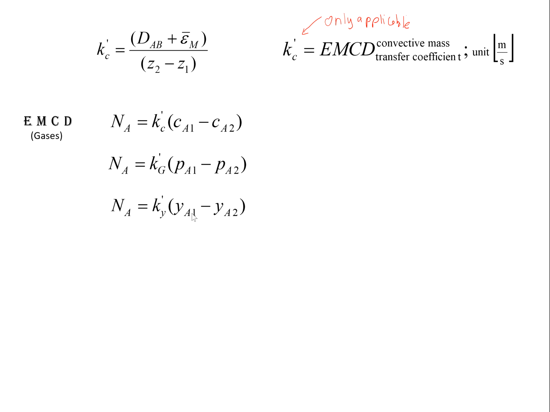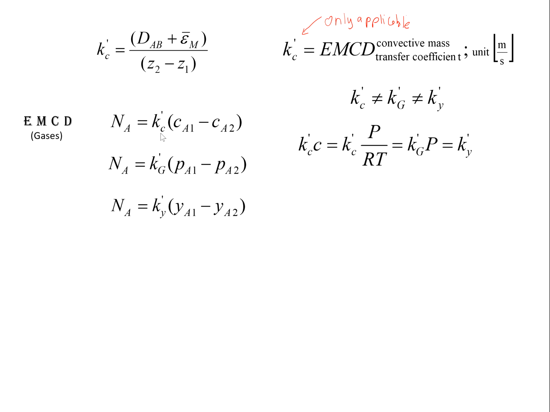If you have the driving force in terms of mole fraction, then your constant is Ky prime. You know that the values of this driving force in concentration, in partial pressure, or in mole fractions are not going to be the same. So therefore, we can also say that Kc prime is not equal to Kg prime and not equal to Ky prime.